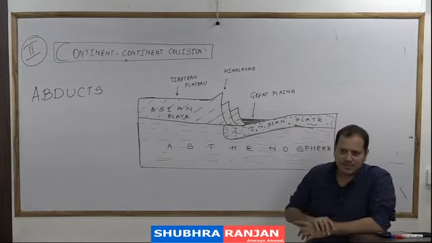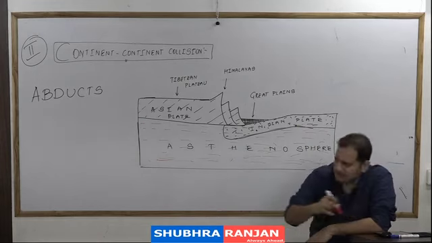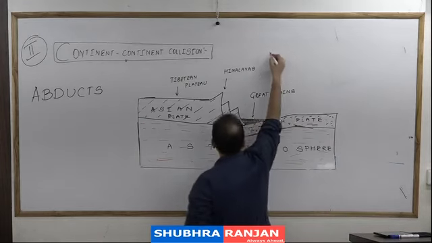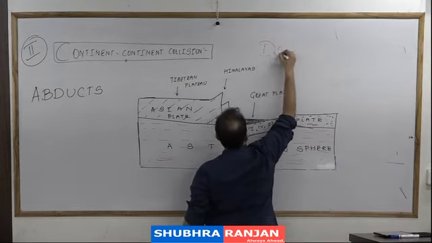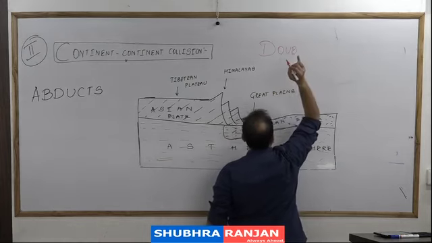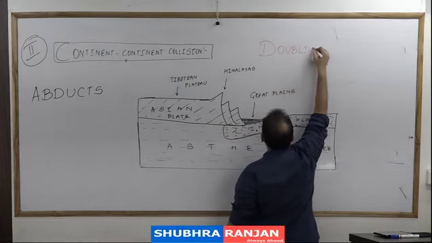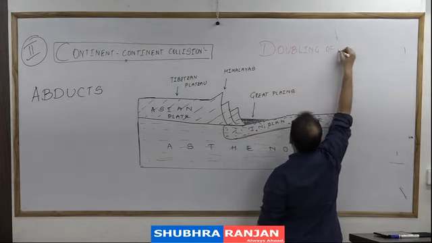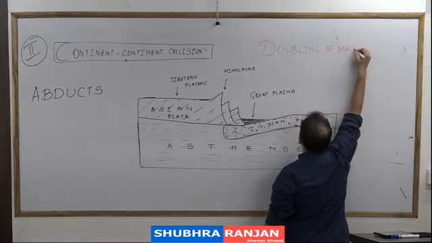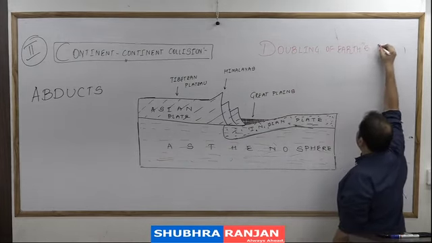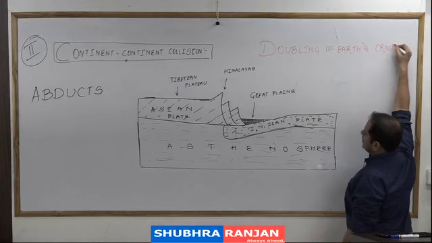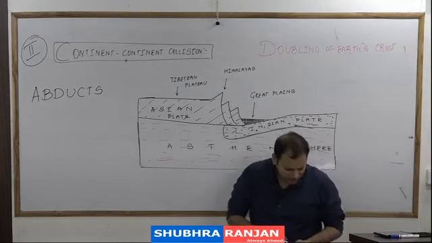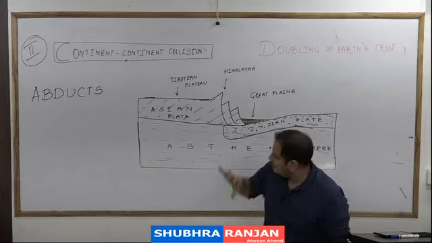Hence in this region there is doubling of Earth's crust. Doubling of Earth's crust means great amount of thickness.